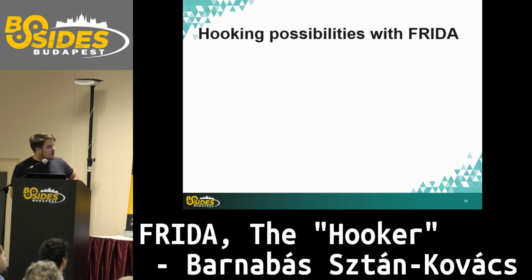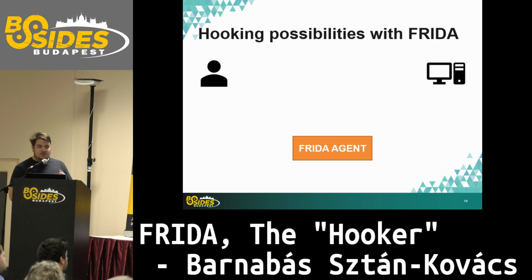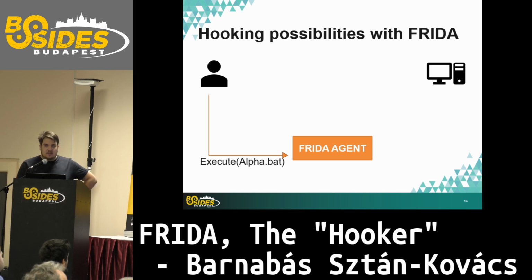Okay. Now that we know what Frida is and how Frida works, let's look at some hooking possibilities with Frida. For instance, let's take a look at this very basic model. We have the user application, we have the system on the right side, and we have the Frida agent in the middle. Basically, it's in the executable, but it's easier to describe it this way. So the user calls a Windows API function to execute alpha.bat.